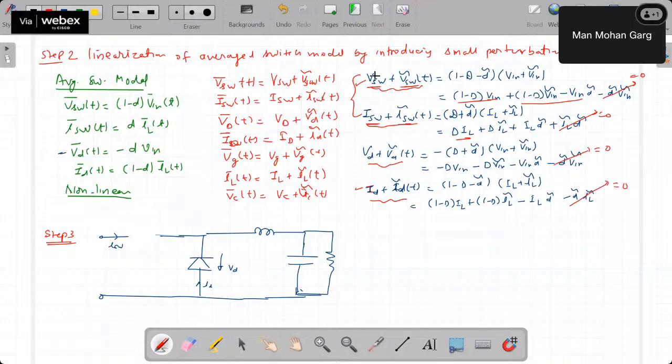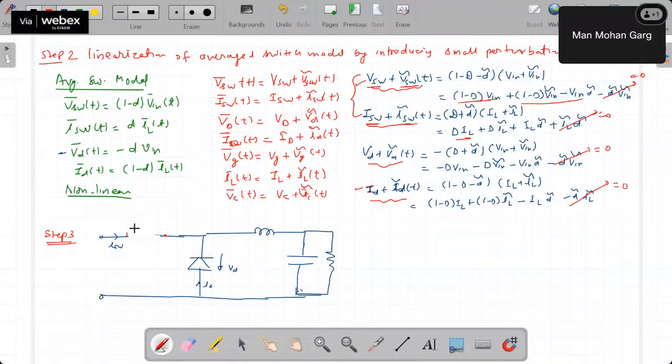It means I have to respect its terminal behavior. So I will put here these equations, VSW plus VSW cap. This is constant, 1 minus D into Vin. So Vin is fixed, D is fixed. This is constant, independent. But this VSW cap is dependent upon variation in input voltage as well as variation in duty cycle.